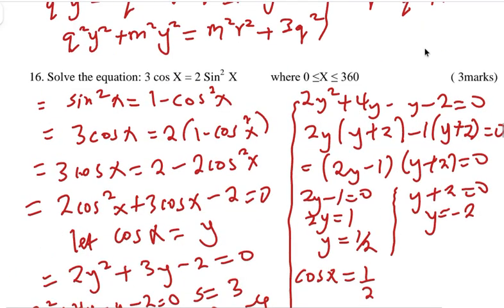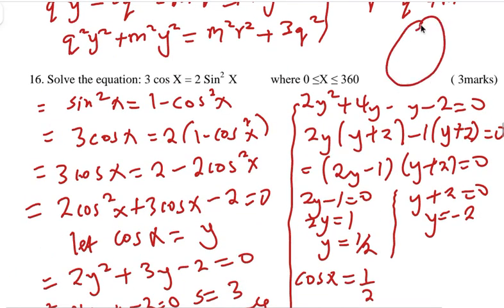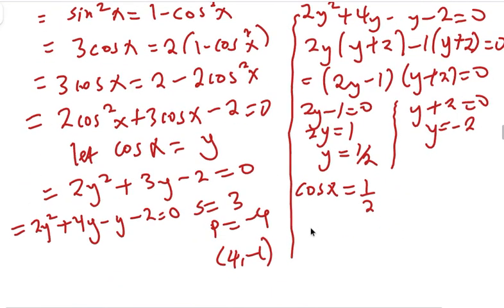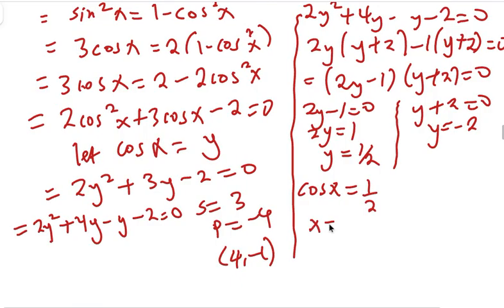Remember to recall that thing, All Students Take Chips, or whatever. So this cos is positive. So positive cos is usually in the first quadrant and the last quadrant, which is 360 minus theta. So you must find cos inverse of a half.